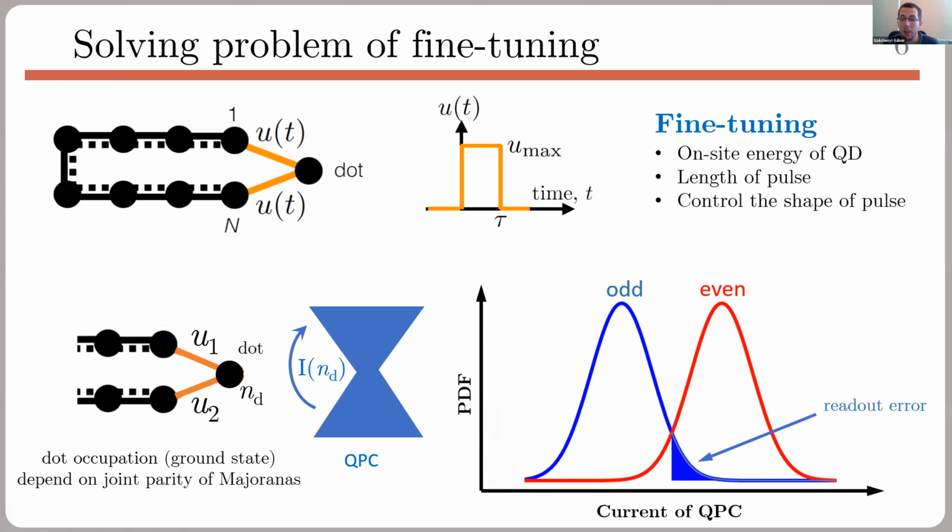So if we measure a current value which is above this threshold, we can say this is an even ground state, and if we measure a current which is below this threshold, this will be an odd ground state. Unfortunately, we have some overlap between these curves, so we make some mistakes with this maximum likelihood method, and this highlighted area under the curve will be the readout error of this model.